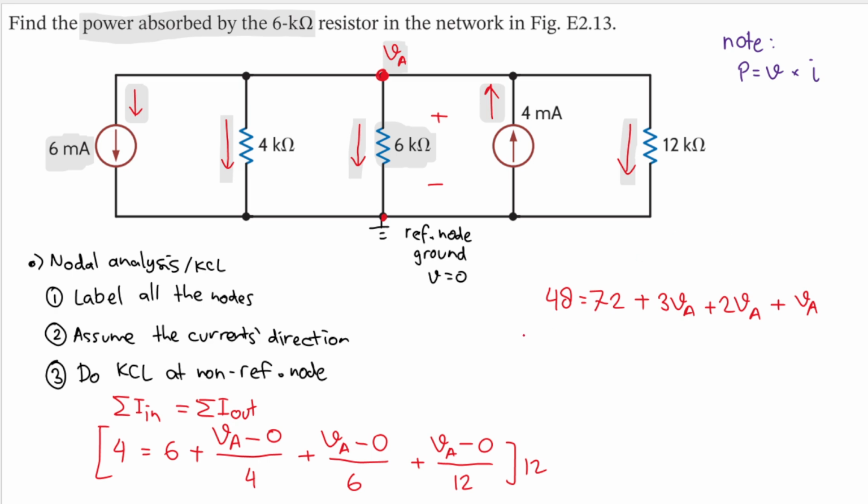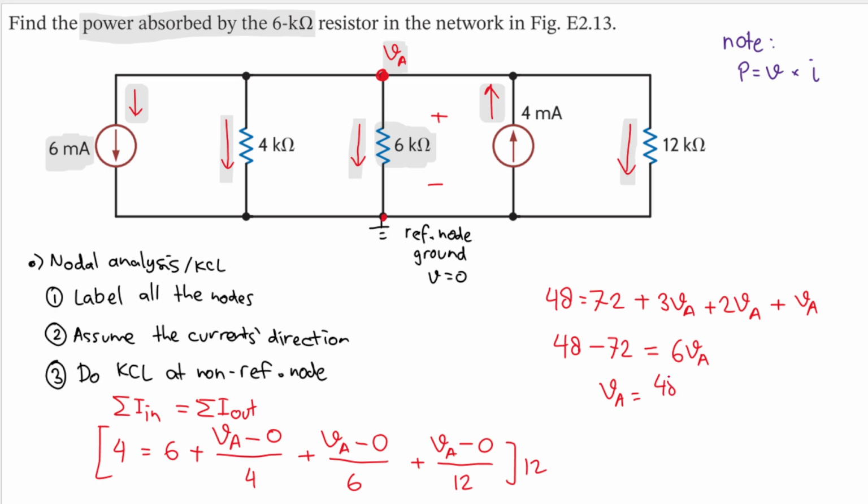And now what can we get from here? Let's move this 72 to the left hand side, so I will have 48 minus 72. On the right hand side, we will have 3 plus 2 plus 1, that will be 6 VA. Good, and I think I can isolate VA here. I don't divide this yet because I think it will be easier this way.